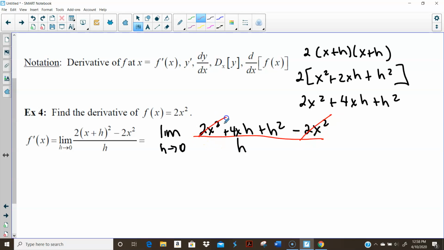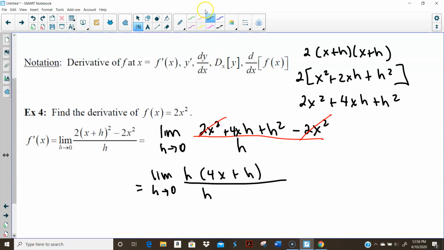Negative 2x squared and 2x squared cancel. I'm going to be able to factor out the h in the numerator. So the limit as h approaches 0, factor that h out, which gives you h times (4x plus 2h) over h. Now the h's will cancel, and I can take that h and replace it with 0. So after direct substitution, my answer is simply going to be 4x.